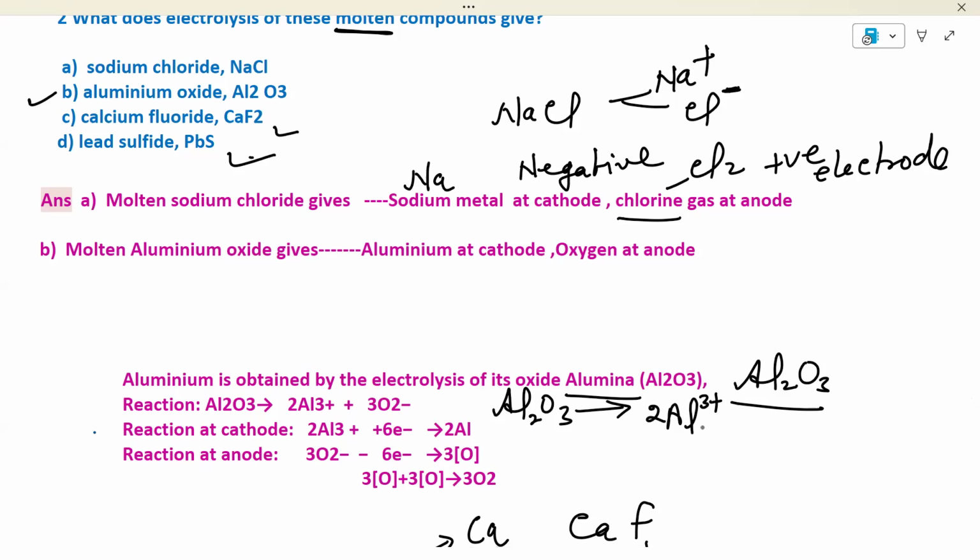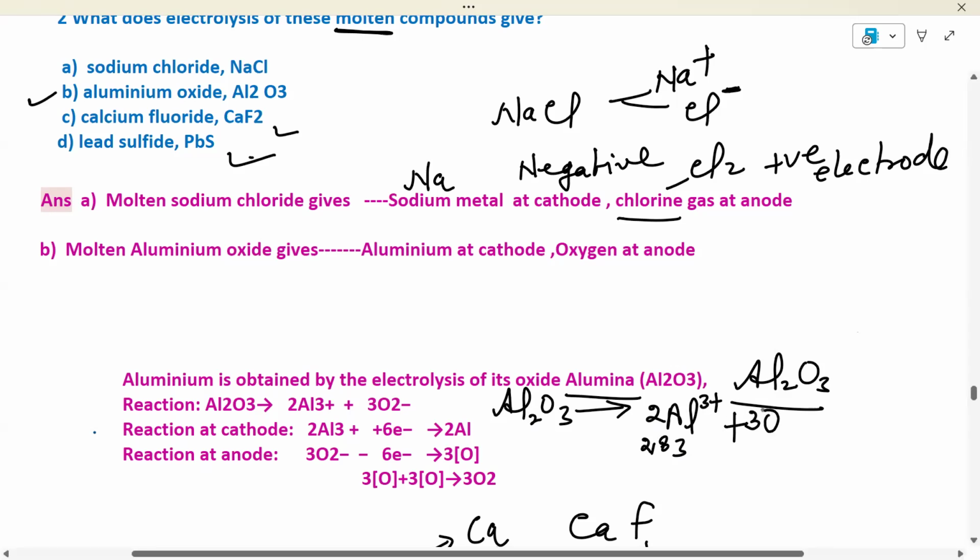The atomic number of aluminium is 13, so the configuration would be 2, 8, 3. So aluminium needs to give 3 electrons. After giving 3 electrons, aluminium becomes the aluminium cation. So alumina will give aluminium ion plus 3 moles of oxide ion.